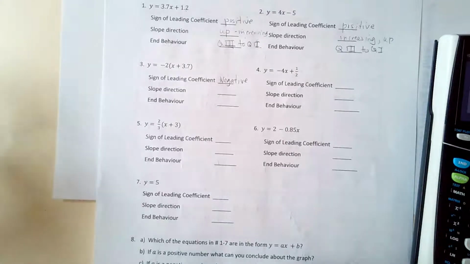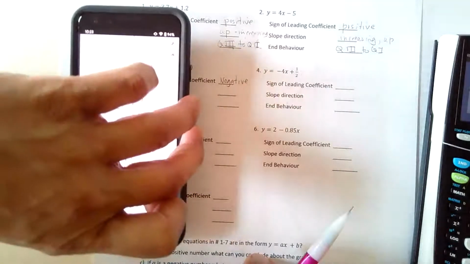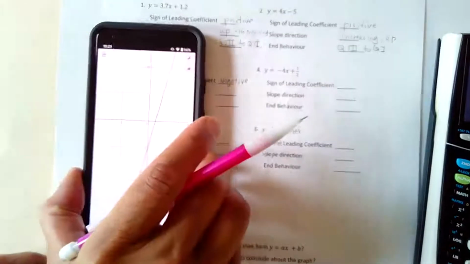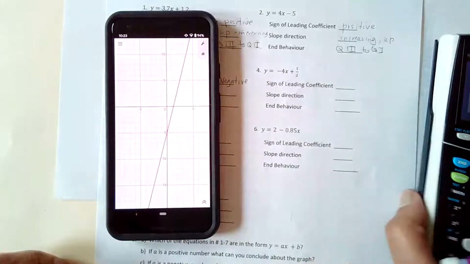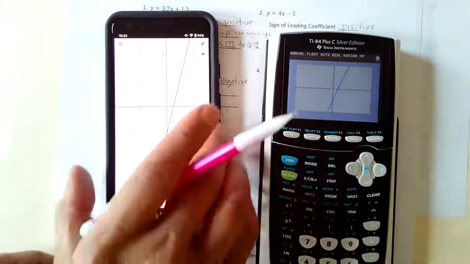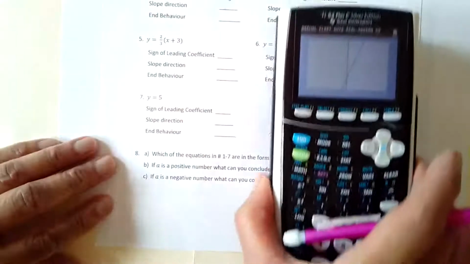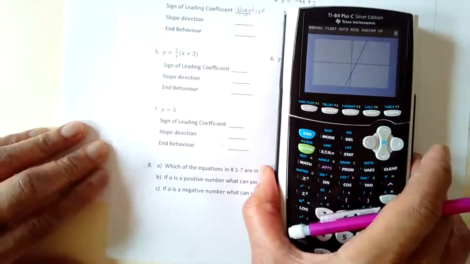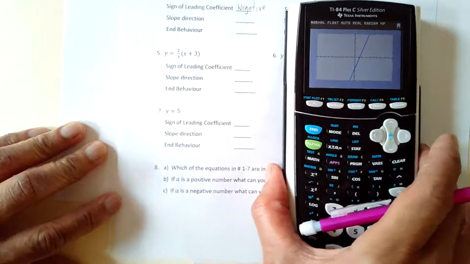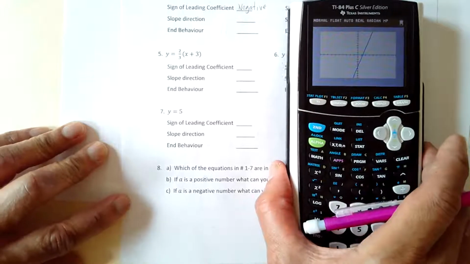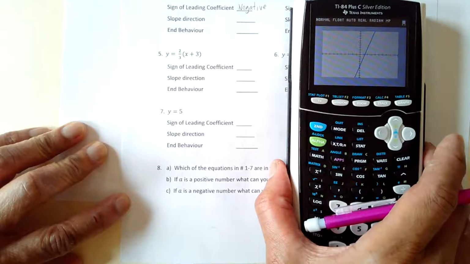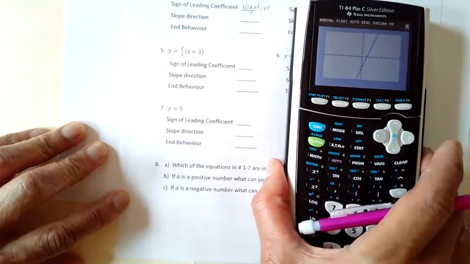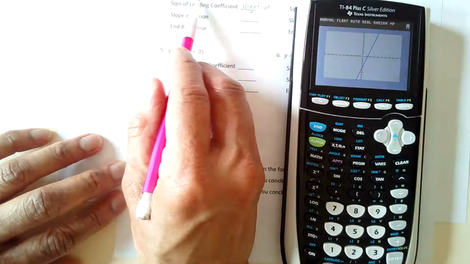But let's prove that. Okay, my Desmos. Got the graphing calculator. Now I'll move this up so you can see the equation. So this is my equation I'm working with here.